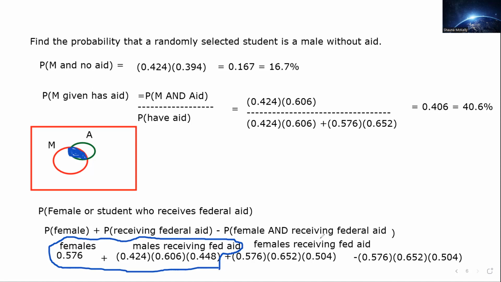I'm going to write that down and we're going to put it in our calculator. 0.576 plus 0.424, 0.606, and 0.448. So now let's go back and grab the calculator here. And we'll get on with it.